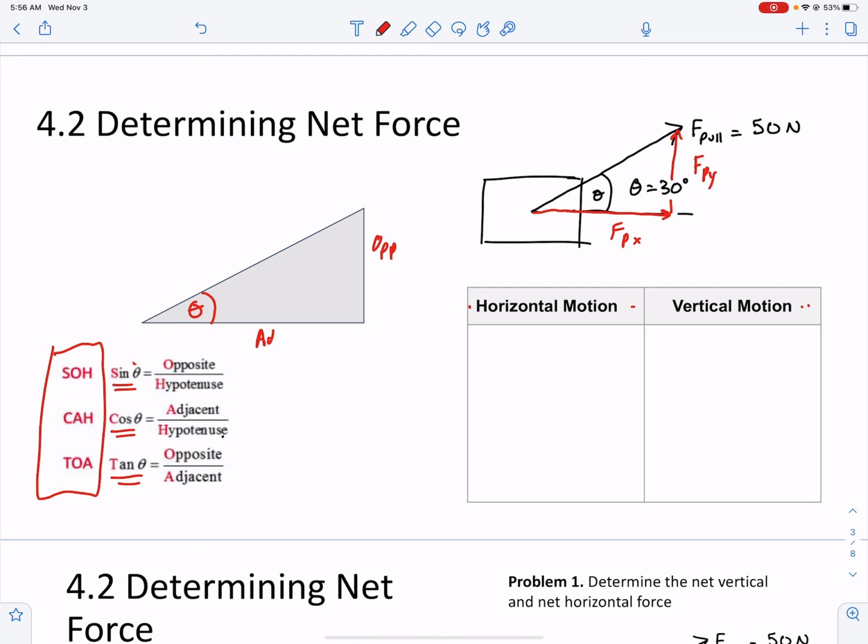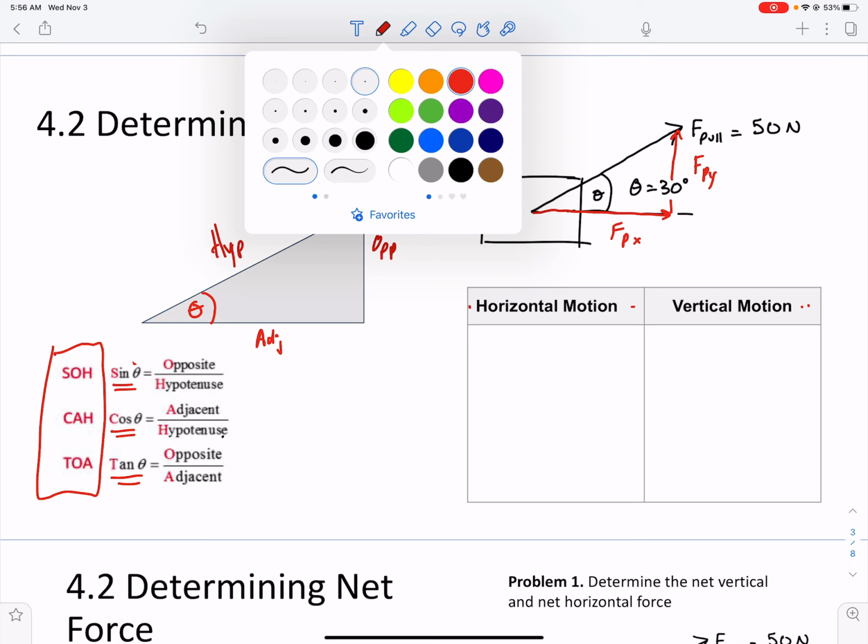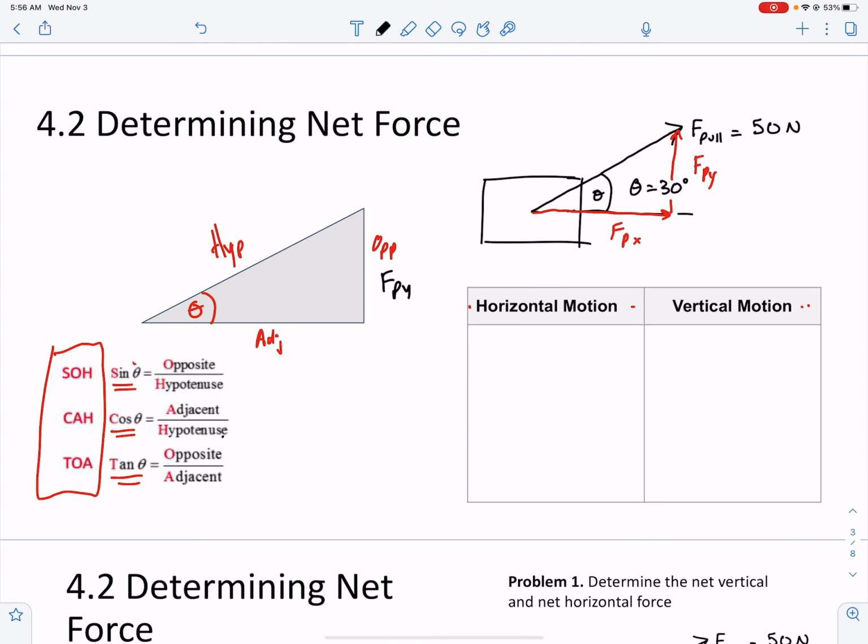This is the adjacent leg from this angle on this triangle, and this is the hypotenuse. And if I were to write that for my forces right here, I'd have FPY, FPX, and I have FP, F pull. And so in our vertical motion, we have FPY ends up being equal to FP times sine of the angle. Horizontally, we have FPX is equal to FP cosine of the angle.